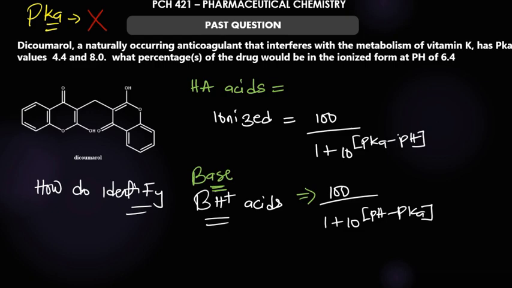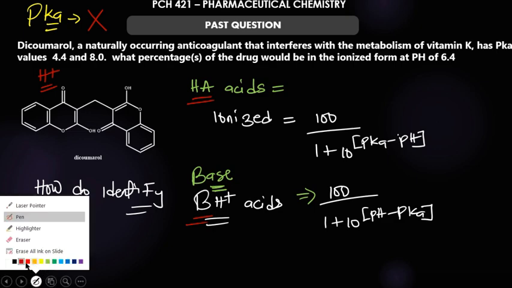So how do you know if the compound given to you is an HA acid or a BH plus acid, which is also the base? HA acids are those acids that ionize in water to release H plus.